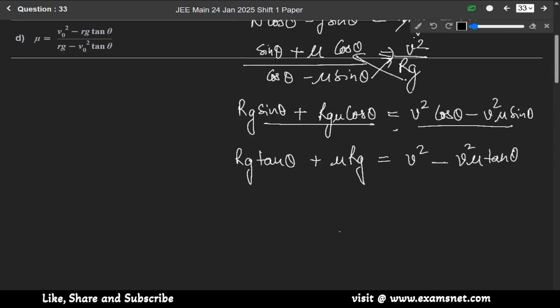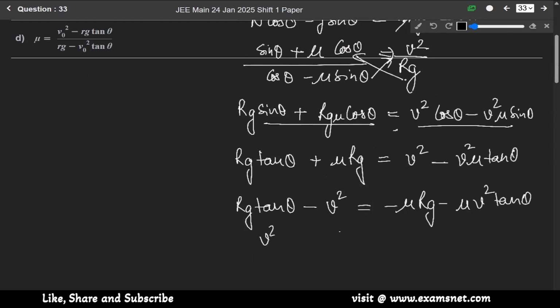Now we can write it as r g tan theta minus v square is equal to minus mu r g minus mu v square tan theta, taking minus sign common. So we get v square minus r g tan theta, it will be equal to, now taking mu common, mu into r g plus v square tan theta.